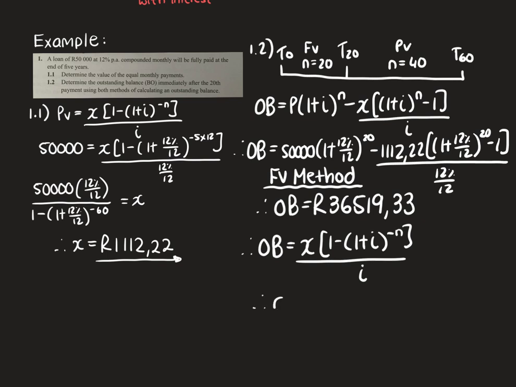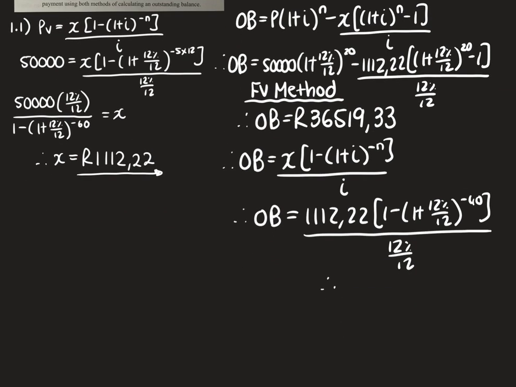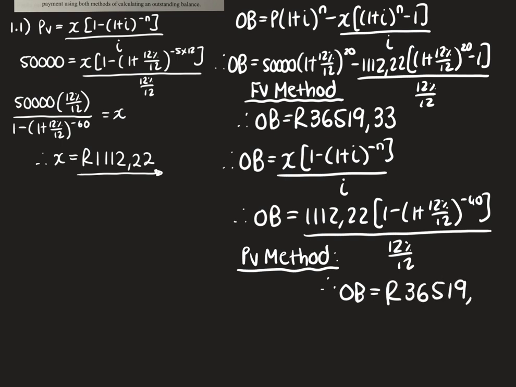Okay, therefore my outstanding balance is equal to 1112,22 square bracket, 1 minus 1 plus 12% over 12 to the power of minus 40, close square bracket, all over 12% over 12. Therefore, for my present value method, my outstanding balance is going to equal 36,519 Rand and 39 cents.